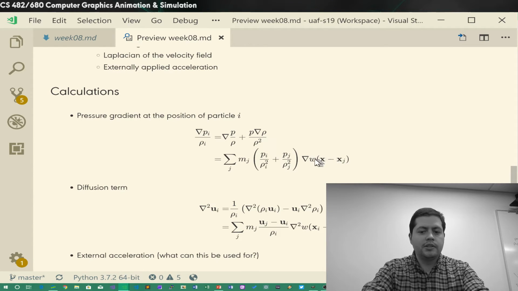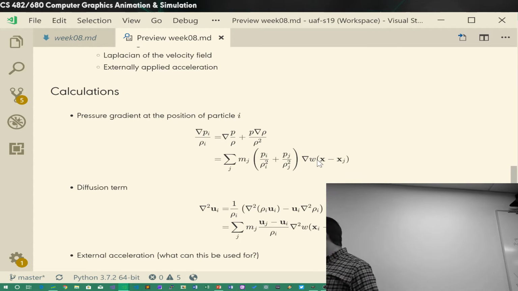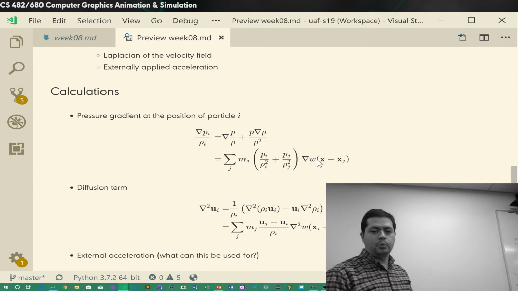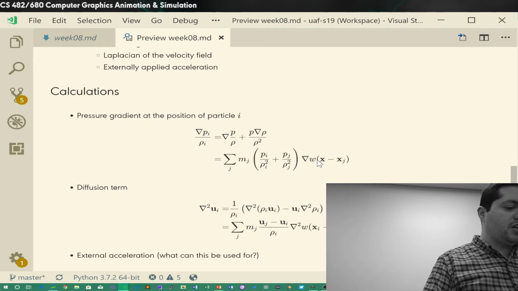That's going to be a vector, sure, but what does that mean we have to do with this difference of x minus xj? We have to differentiate with respect to, no, not r. We got to take the derivative with respect to x, and then with respect to y, and then with respect to z. Okay, that's what we're doing with the SPH kernel.